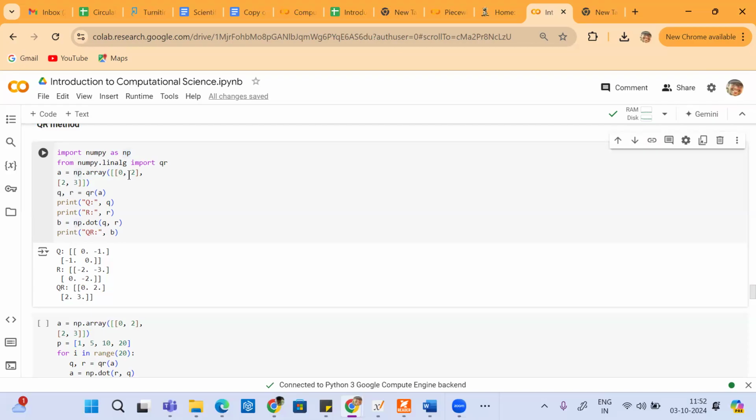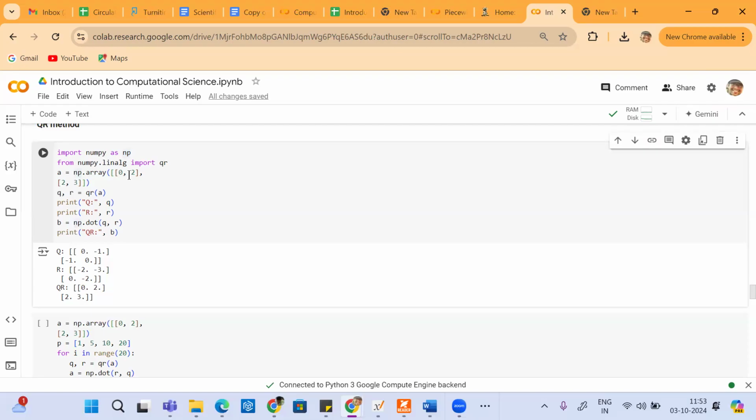Now the next example which I have done here is I have taken the same matrix, but here I'm not doing the QR method. I have a matrix A, I just decomposed matrix A into Q and R. This is not the QR method.